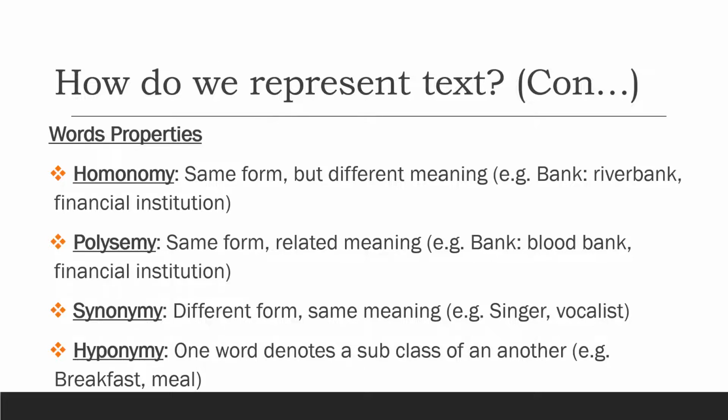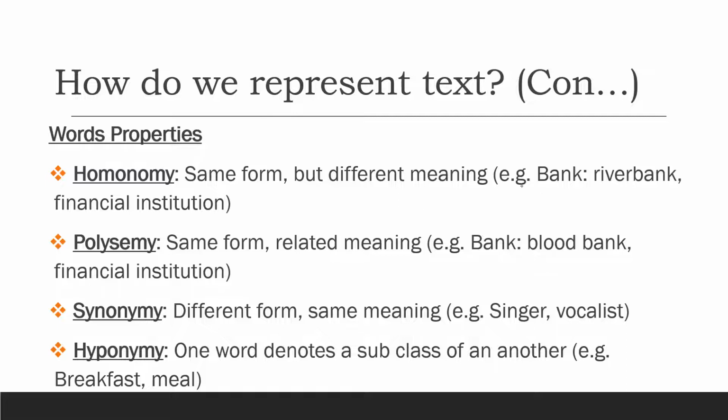Words have different properties. One property is homonymy. Homonymy in the sense they have the same form but different meanings. How do we say the same form but different meaning?